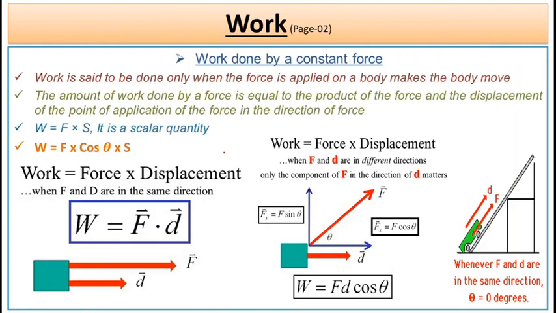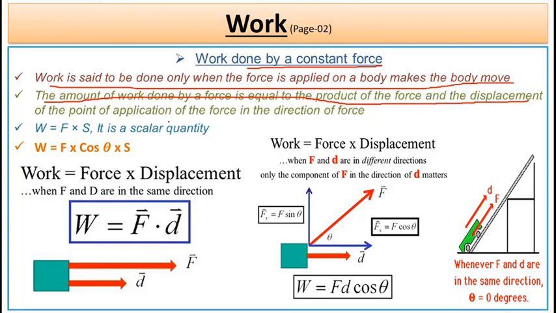Now let's understand work done by a constant force. As we just discussed, work is said to be done only when the force applied on a body makes the body move, and the amount of work done by a force is equal to the product of the force and the displacement of the body in the direction of the force applied.